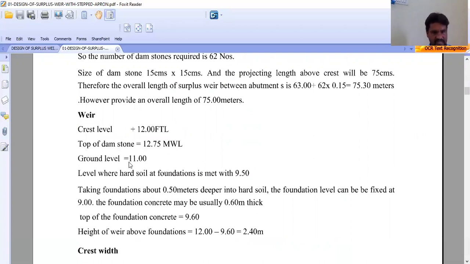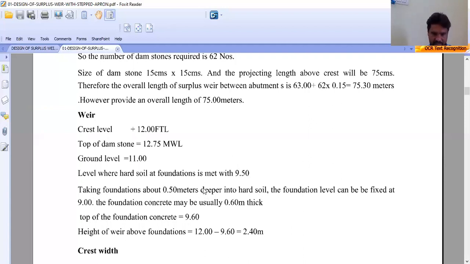The ground level is already in the question, 11 meter is the ground level. Now, the level where there is hard soil foundation: the foundation can start from 9.50. So 9.50 meter is where you can find hard soil, right? Taking the foundation about 0.5 meter deeper into hard soil. Why are we taking it deeper?